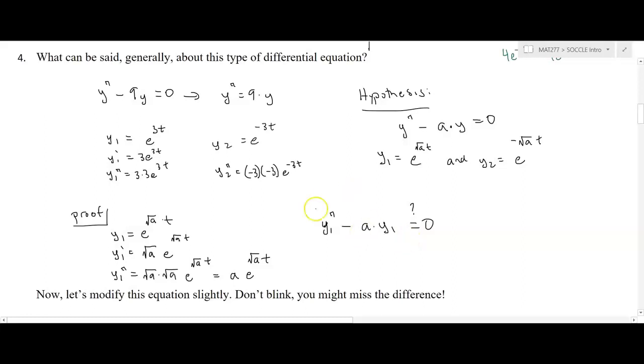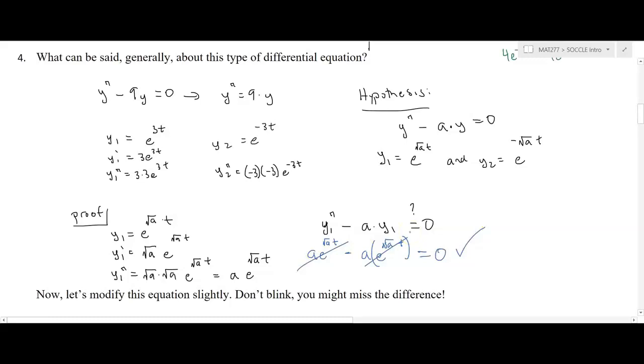That would have been fine as well, but putting it into the original equation, I see that y1 double prime is a e to the square root of at minus a times y1, which is e to the square root of a times t. And I can see that those are exactly the same, and therefore they will cancel out and give us 0.